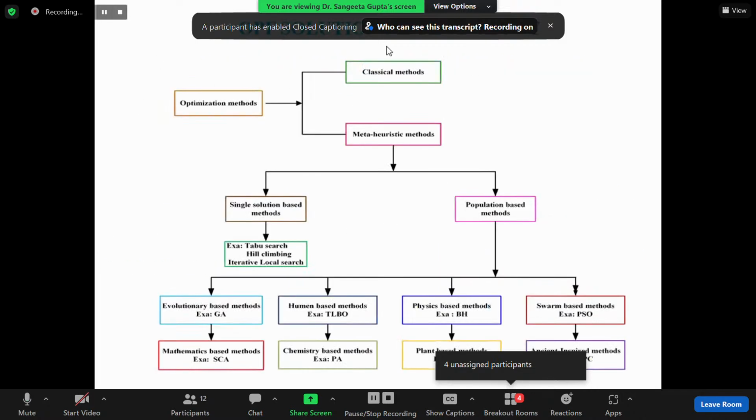So the problem for the solution methodology means what are the optimization technique I'm going to use. The optimization technique which I'm going to use in this research paper is from meta-heuristic, but the optimization method is basically classified into two parts, classical method and meta-heuristic.